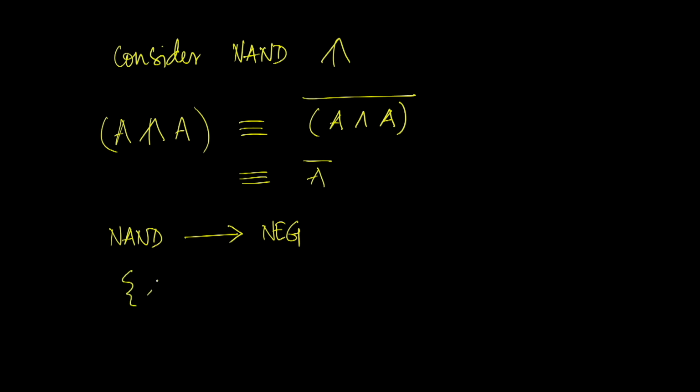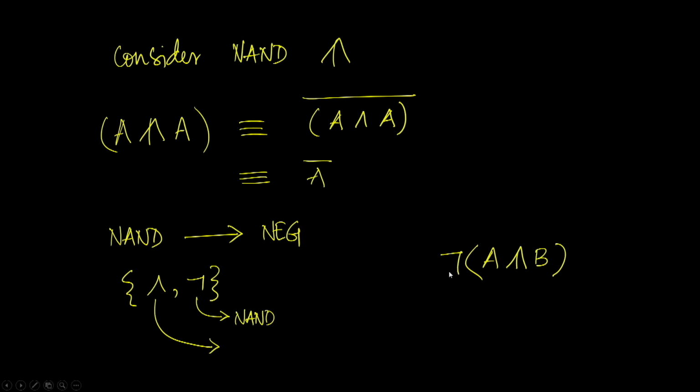Now look at this set, and negation. In this, negation can be synthesized using NAND. And then what about AND? AND is nothing but the negation of NAND. So if you take the NAND of A and B and then negate it, what we get is the AND of A and B. How do we get this negation? This negation also can be synthesized using NAND.